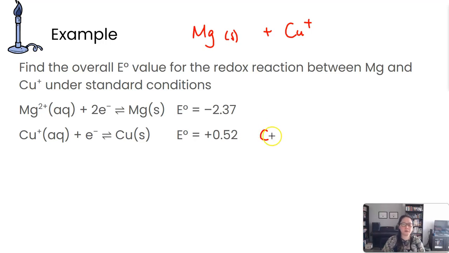Now the copper itself is going to be reduced, and so this equation as it is works fine for what is going to happen in that redox reaction as a whole. In terms of the magnesium, however, we need to reverse that reaction because magnesium is going to be oxidized. So our magnesium is going to go from this to here.